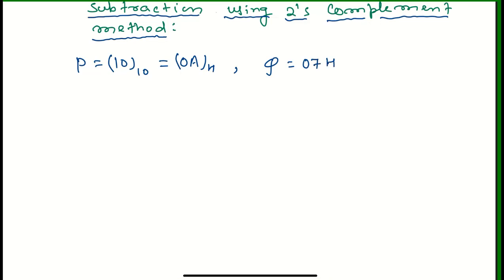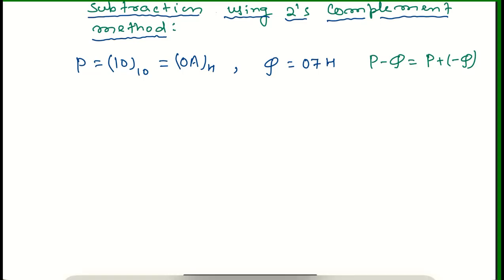Now we need to perform the subtraction P minus Q. How can we write this? We can rewrite this as P plus, in brackets, minus Q. We keep this P number as it is, and here minus Q means we have to take the 2's complement of Q, which gives the output minus Q. Taking the complement is assigning the sign to the given number.